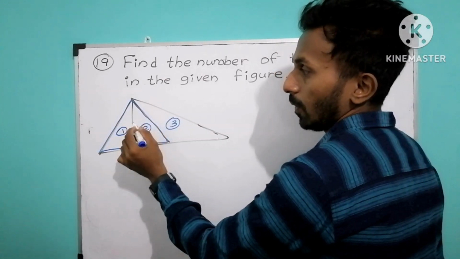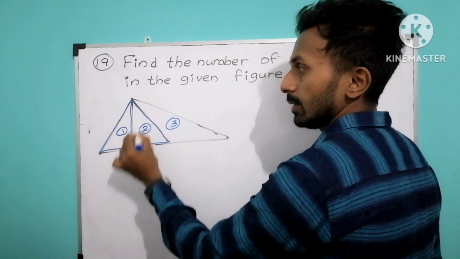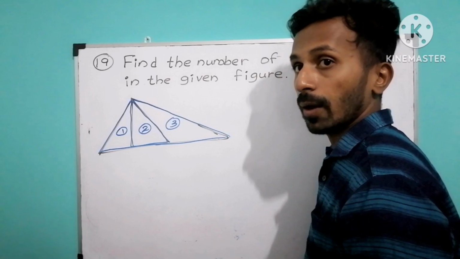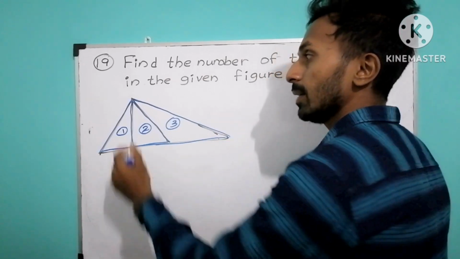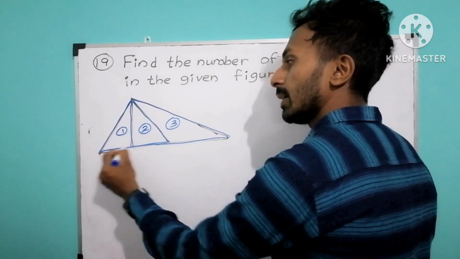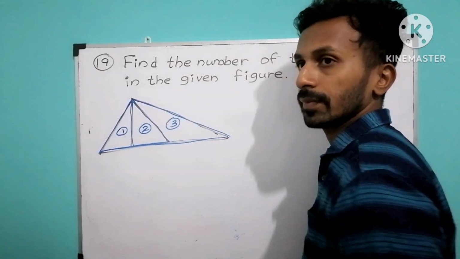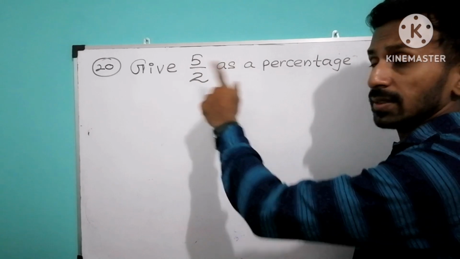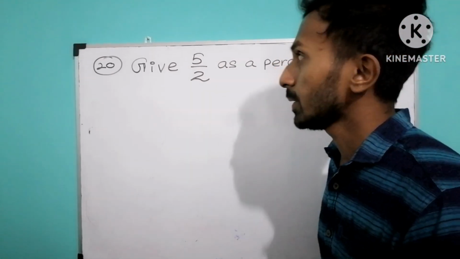Then that is 4 and that is 5. Now there are 5 triangles and this whole figure is taken as another triangle. Total 6 triangles.